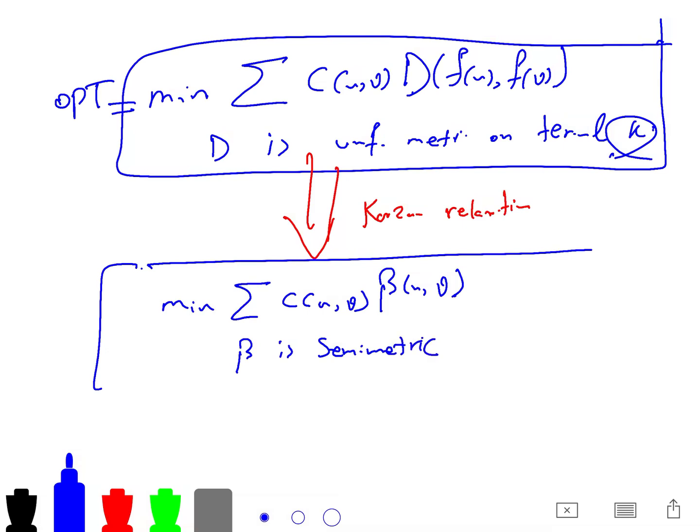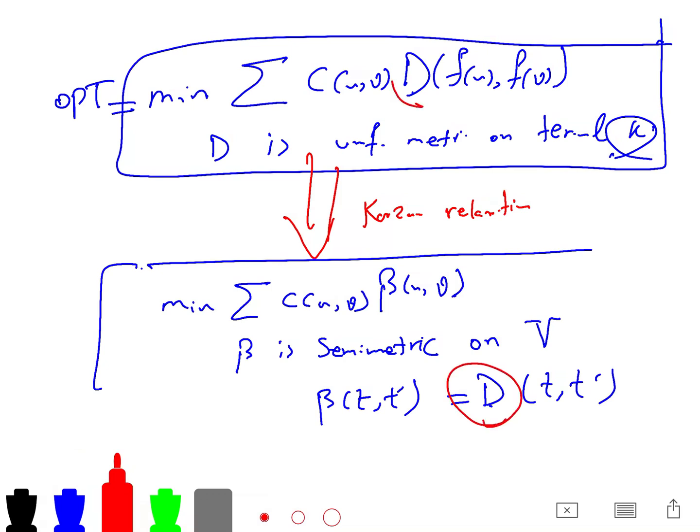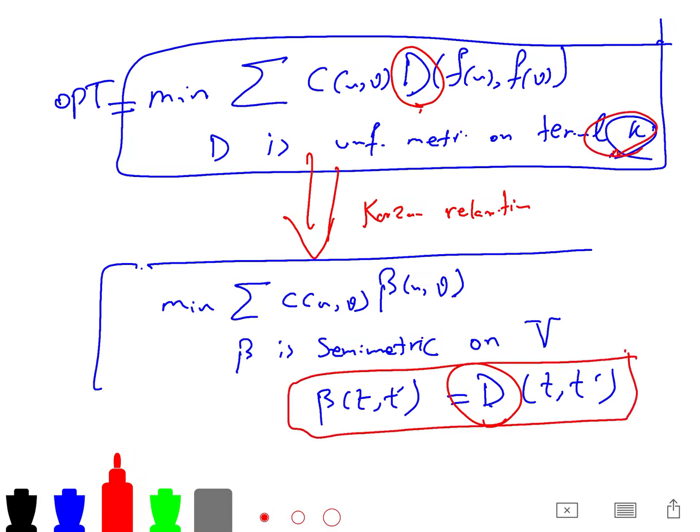But if you restrict it to just the terminals K, you get what you have defined before. So both of them are the same.